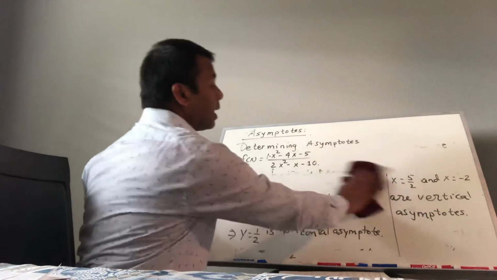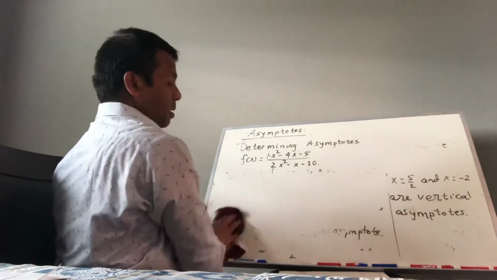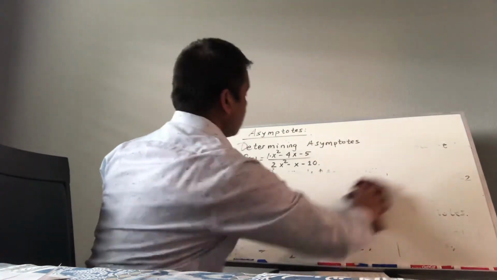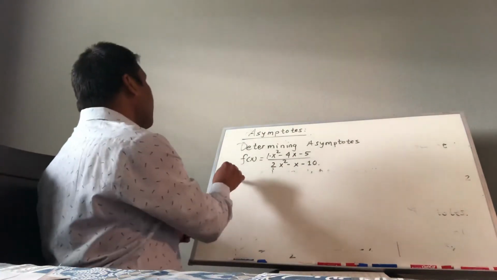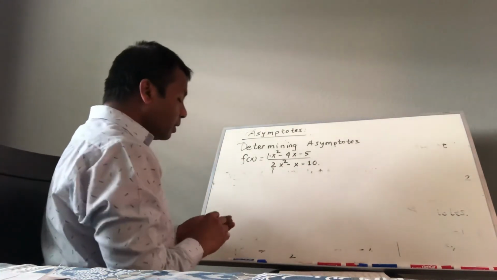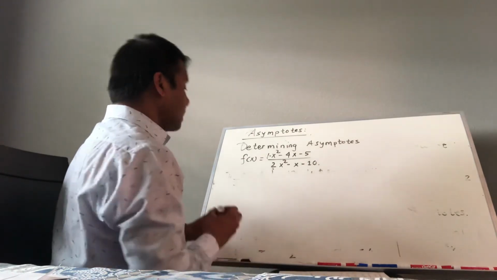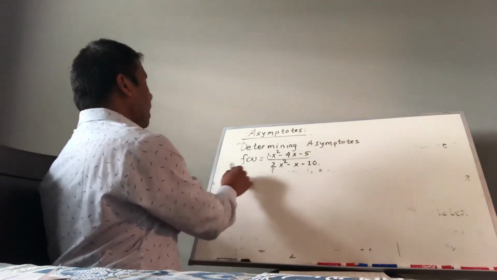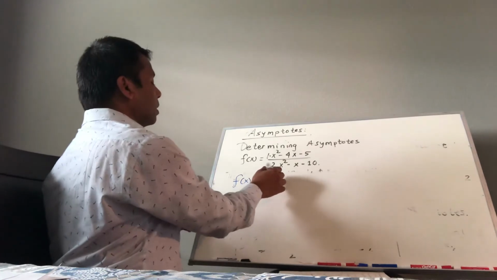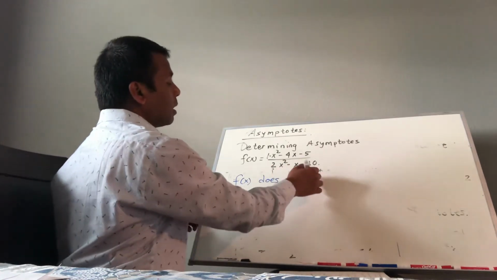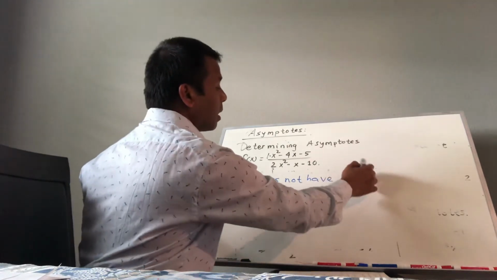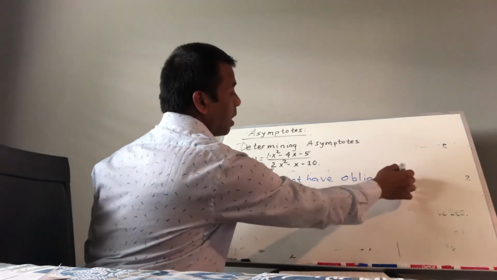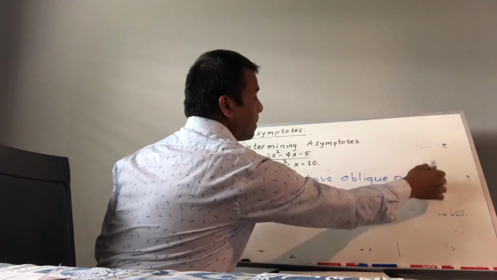But if you look here, this rational function f(x) does not have an oblique asymptote.